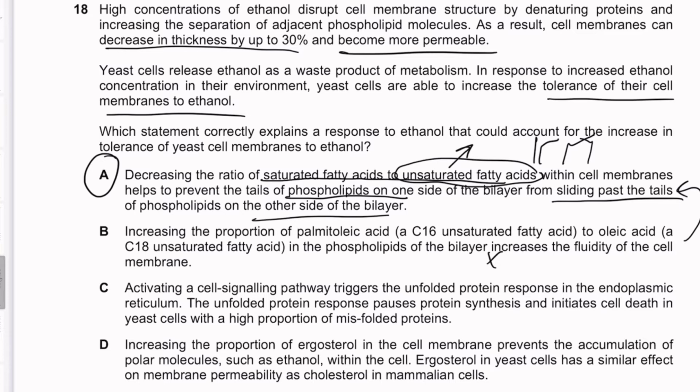An increase in the proportion of ergosterol in the cell membranes prevents the accumulation of polar molecules such as ethanol within the cell. Ergosterol in yeast cells has a similar effect on membrane permeability as cholesterol in mammalian cells.